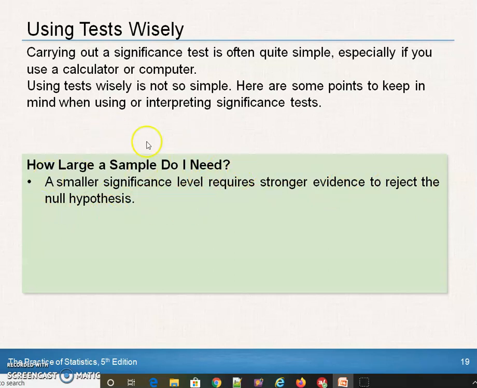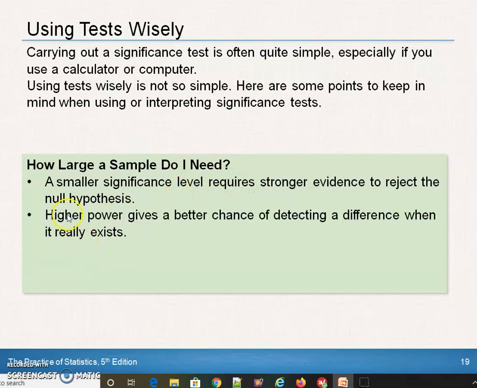And it all depends upon what you choose the null hypothesis to be. Higher power gives a better chance of detecting a difference when it really exists. And that's the beta. And that's harder to determine. But a larger n, a larger sample can be helpful, certainly.